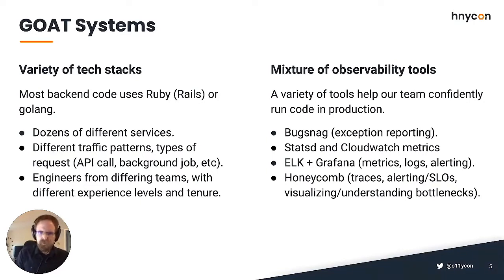And then finally, we have Honeycomb, which gives us tracing, so the ability to visualize the execution of a single request. We have a number of alerts and SLOs that are keyed off of Honeycomb data. And this is really useful for visualizing and understanding bottlenecks, and in particular for engineers who are either new to the company, new to the industry, or both.